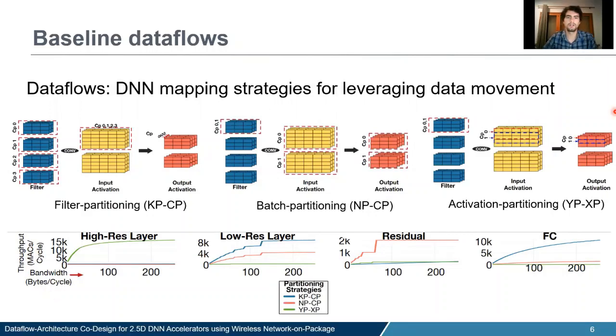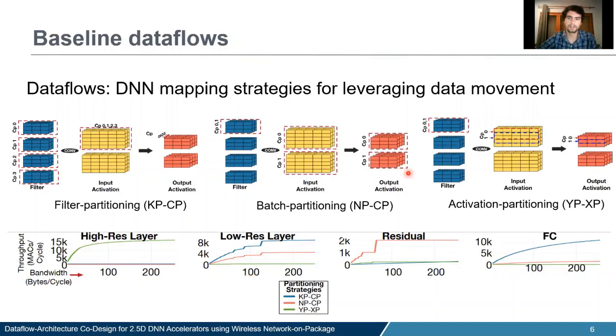An interesting behavior to notice here is that, for instance, in this high-resolution layer, the activation partitioning strategy is by far the best one. This is because in high-resolution layers, the filters are quite large.